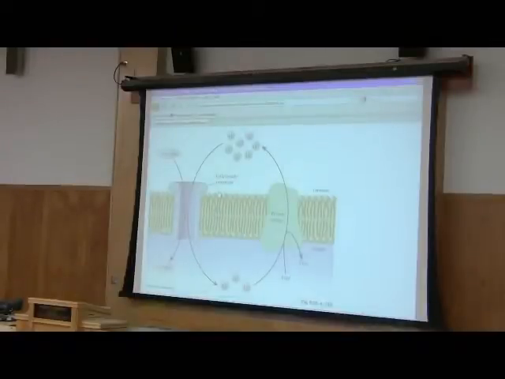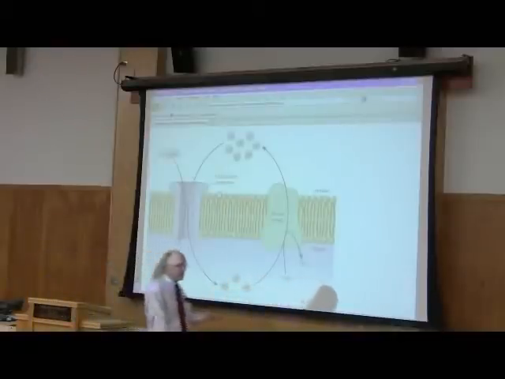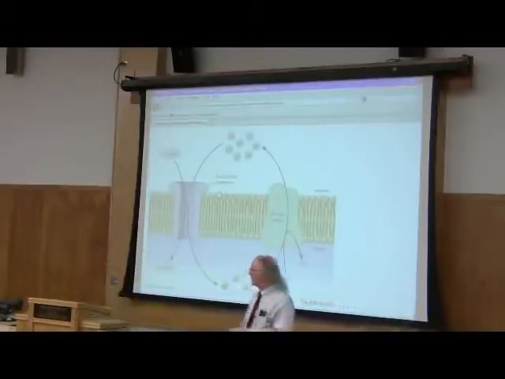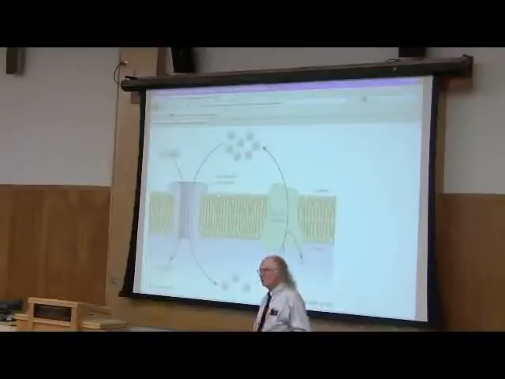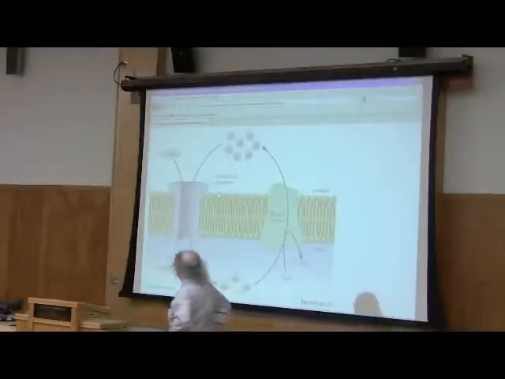And it's used to carry something else in that doesn't want to come in. In this case, it's lactose. Lactose is the sugar that's found in milk. Okay? And this is a way of getting lactose into the cell. So this is called the proton lactose pump. Notice that there's no ATP on this pump.